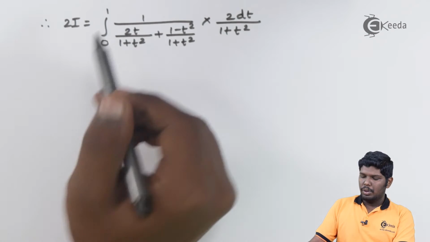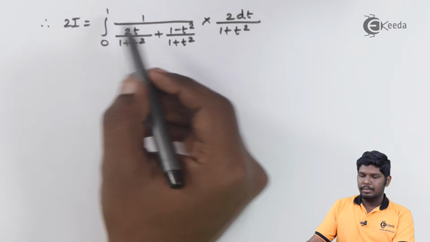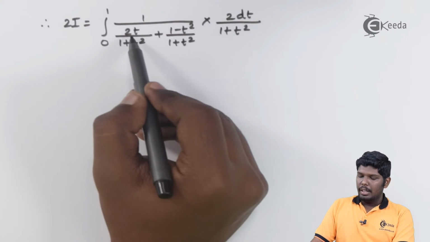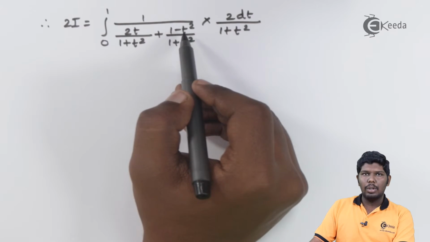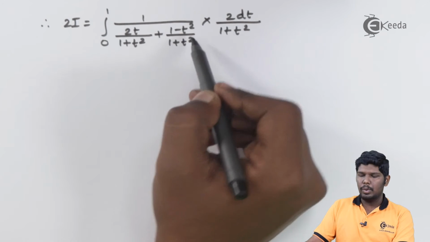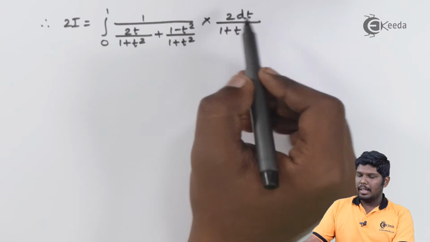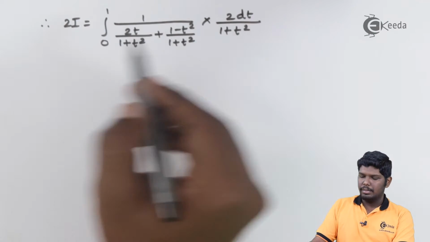This will give you 2I is equal to integral 0 to 1 upon the value of sin x, 2t upon 1 plus t square, plus the value of cos x, 1 minus t square upon 1 plus t square, into the value of dx, 2 dt upon 1 plus t square.